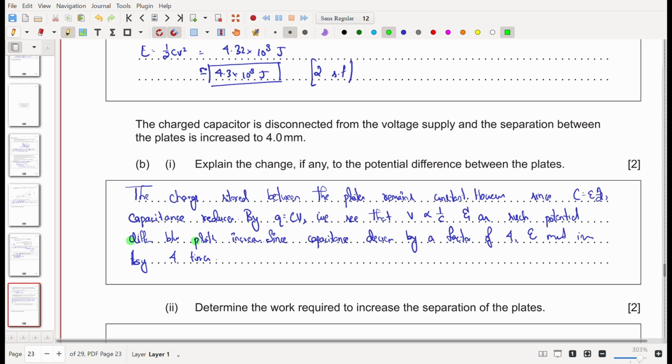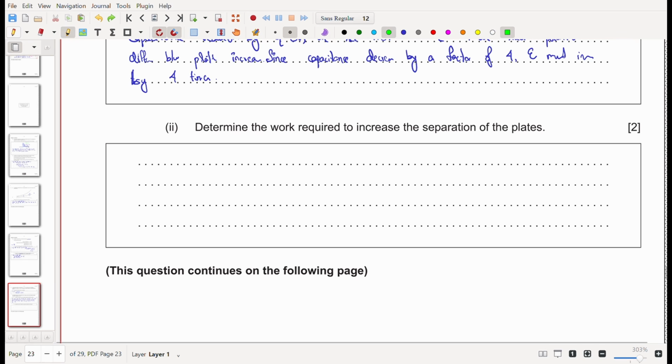And as such, the potential difference between the plates is going to increase. We can also give a certain value: since the distance is increasing by a factor of 4 and epsilon is the same, the potential difference between the plates must increase by 4 times. That's it.